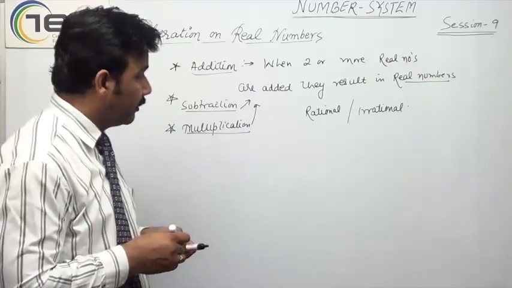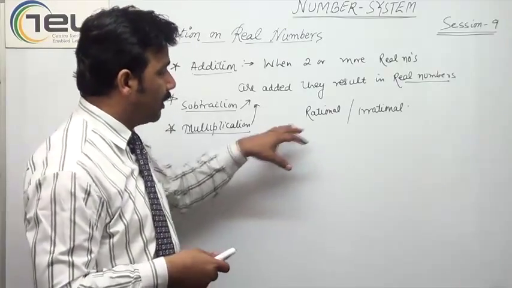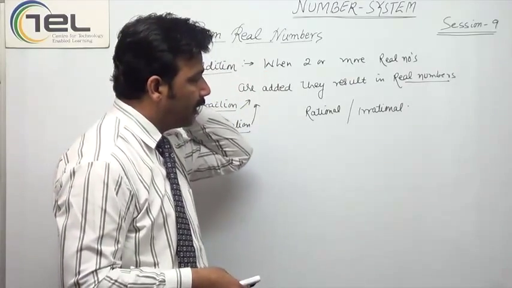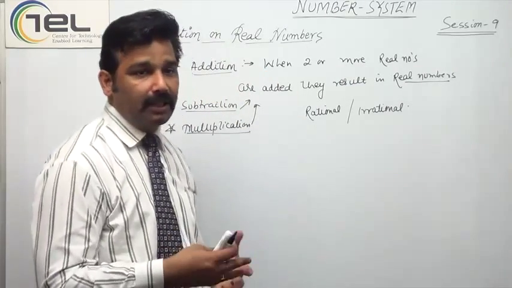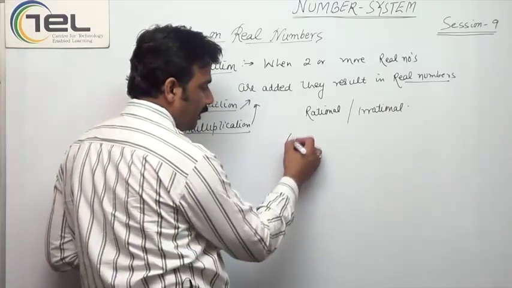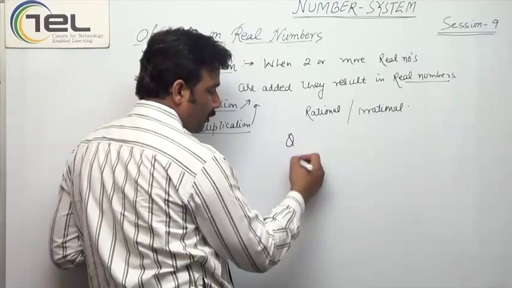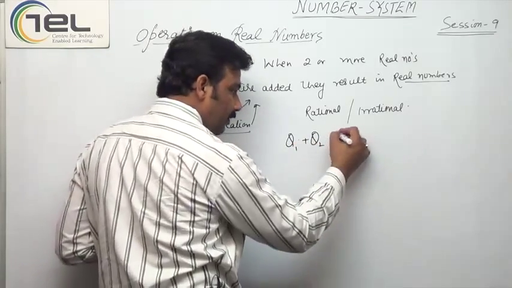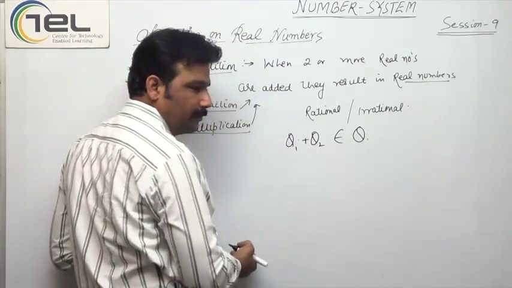It doesn't matter whether two rational numbers are added, they result in a rational number. If two rational numbers q1 and q2 are added, they will certainly result in a rational number.